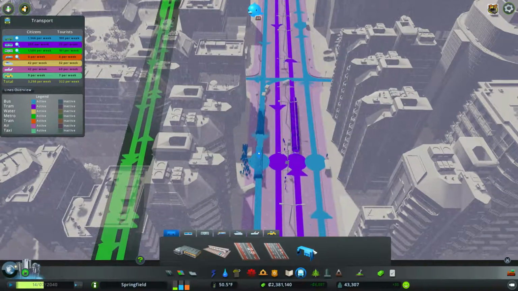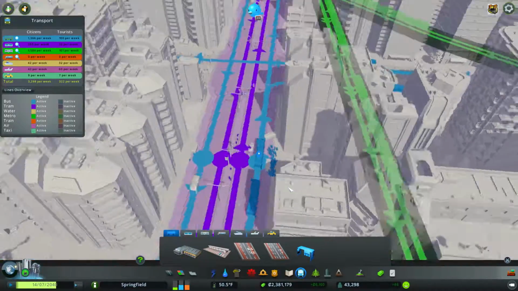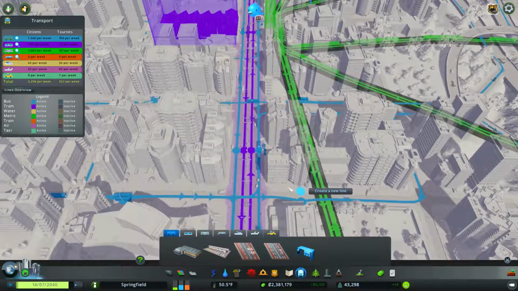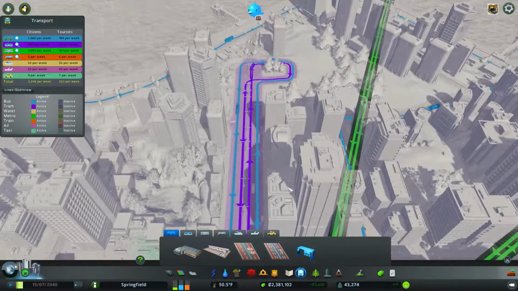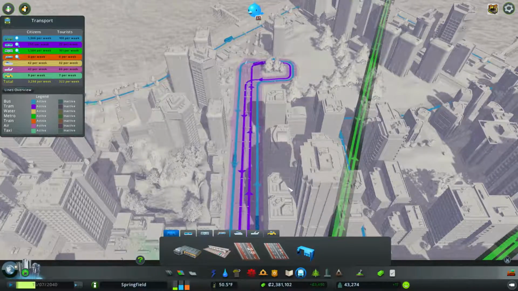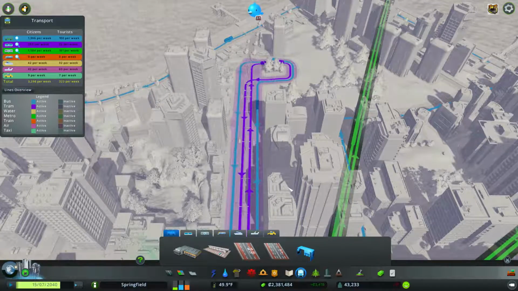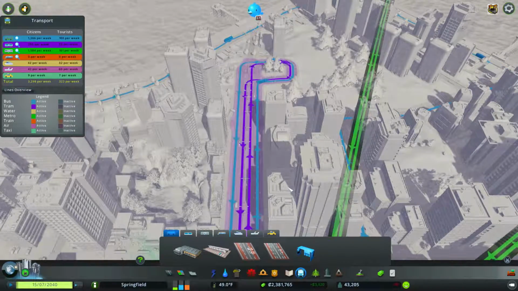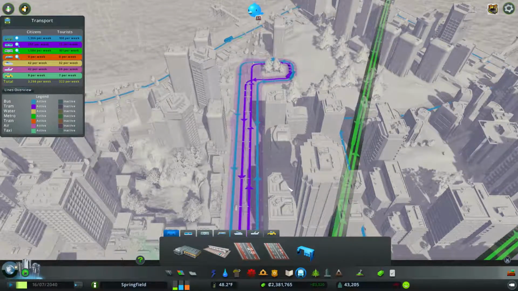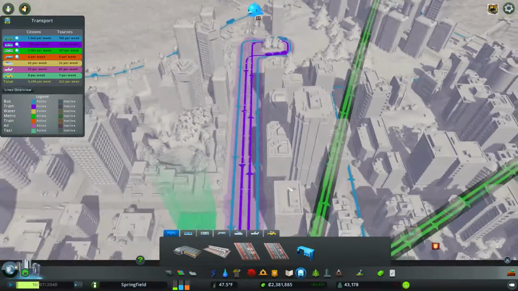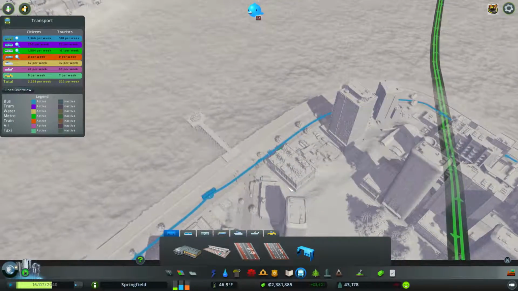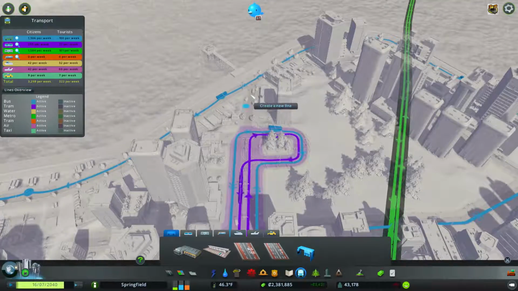So here's what I'm going to try to do. I'm going to add another bus line. But I'm not going to have it do this.